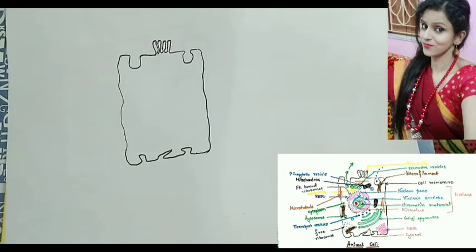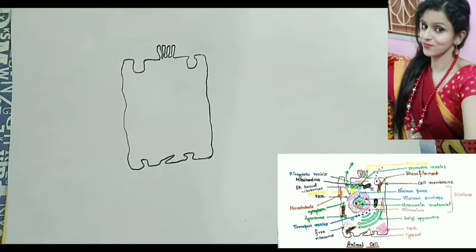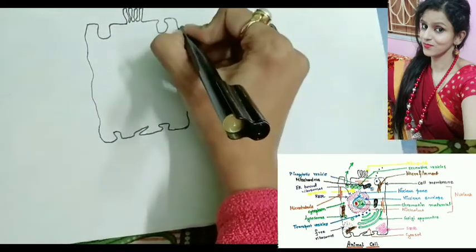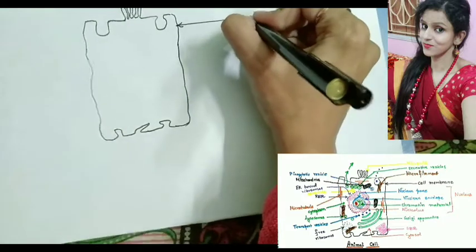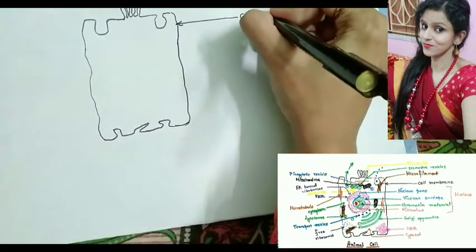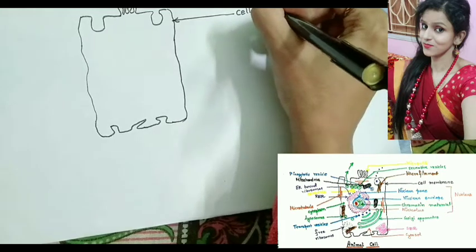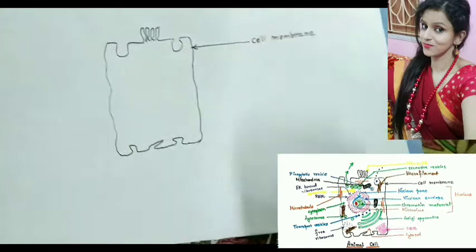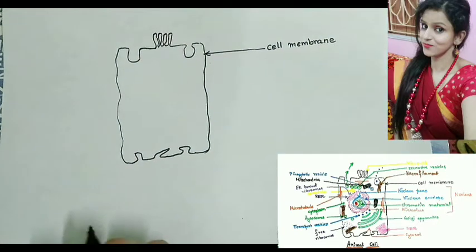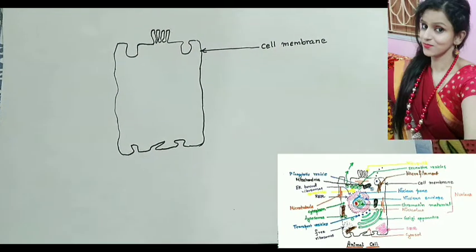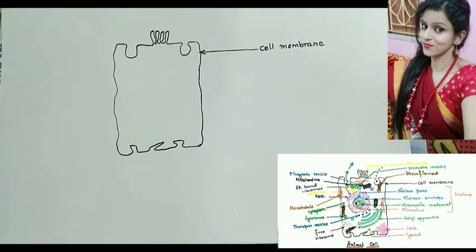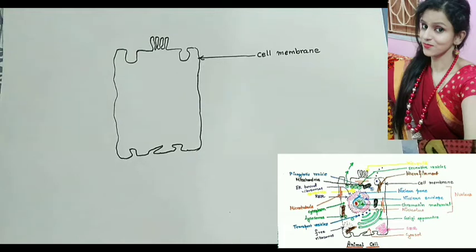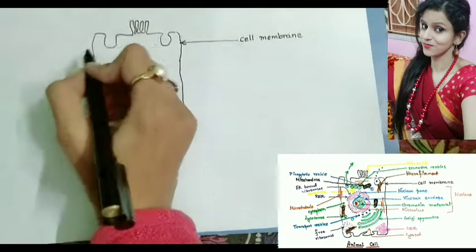So this outer part of the cell is known as what? Do you know that? This is known as cell membrane, and the other name of the cell membrane is plasma membrane, or we can say plasma lemma, or it is also known as cytoplasmic membrane. You have seen already that there are two cuts present over here.